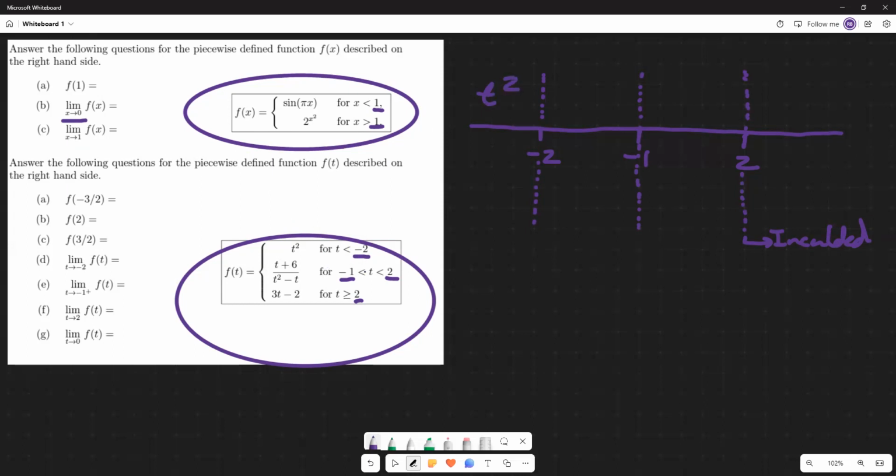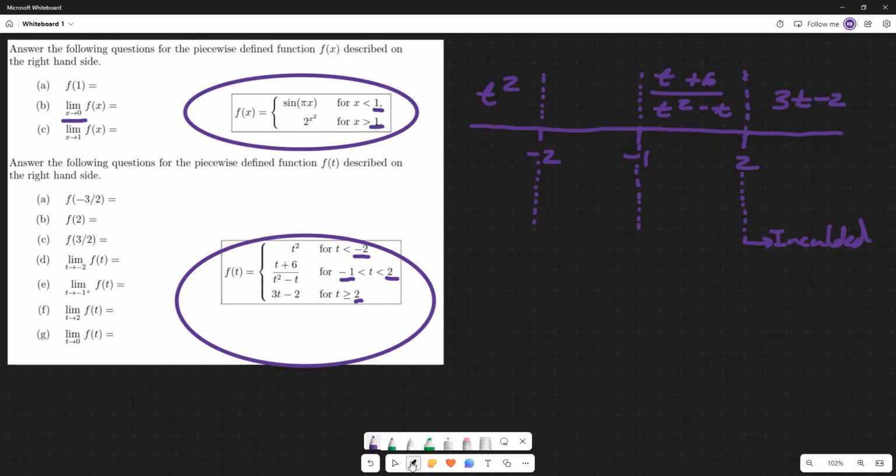Between -1 and 2, you have t plus 6 over t squared minus t. And then for 2 and above is 3t minus 2.